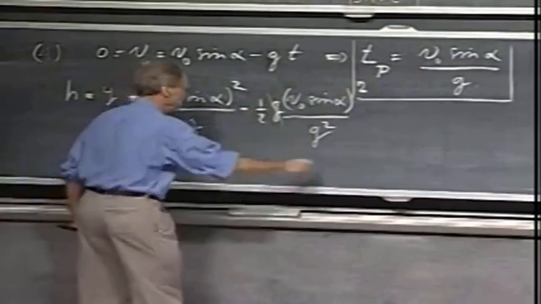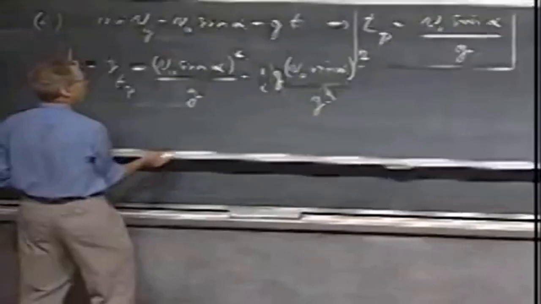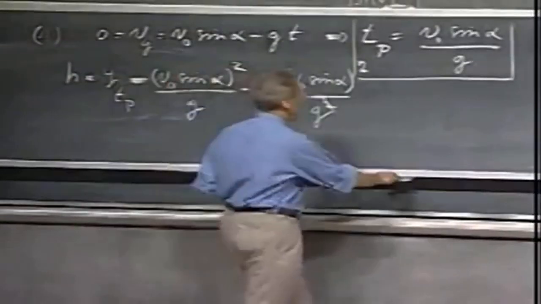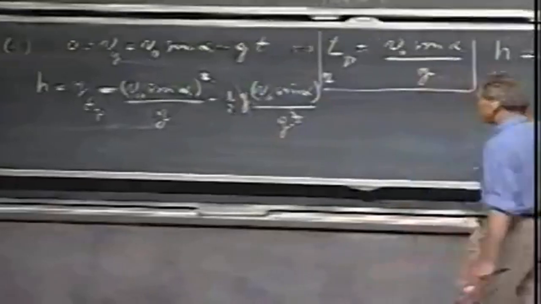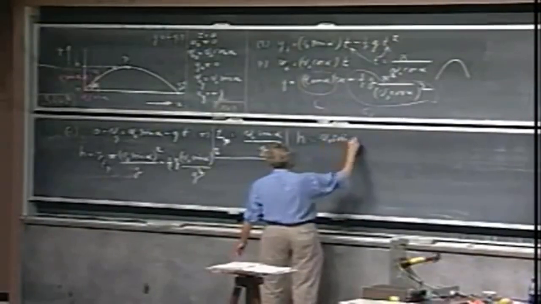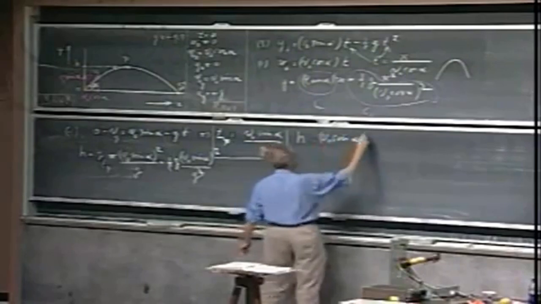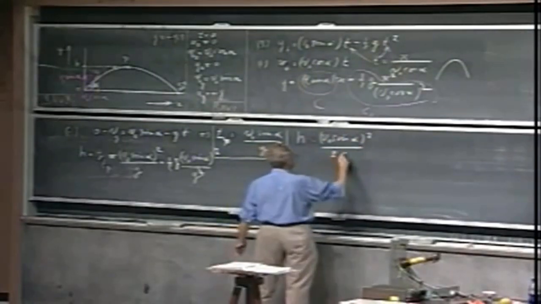You lose 1 g, and you will find then that the highest point in the sky equals v0 sine alpha squared divided by 2g.